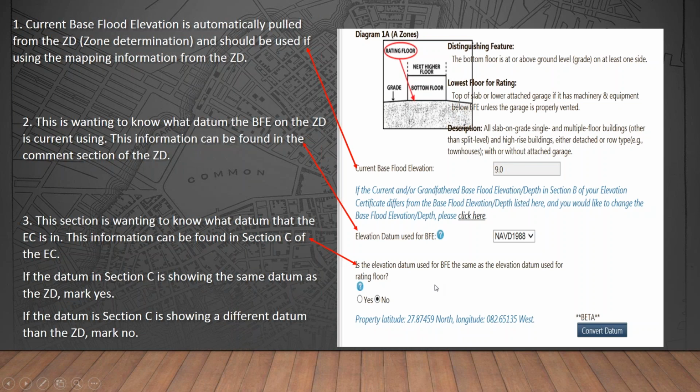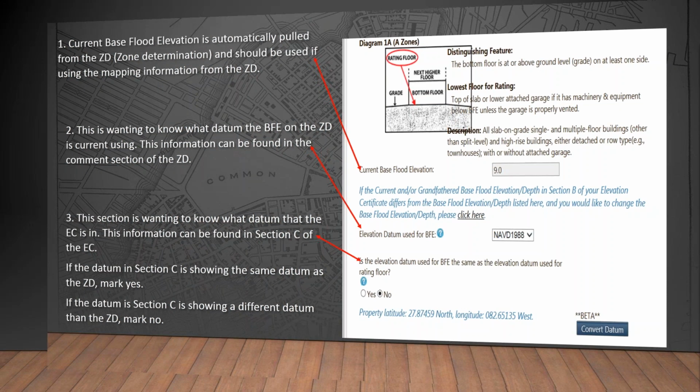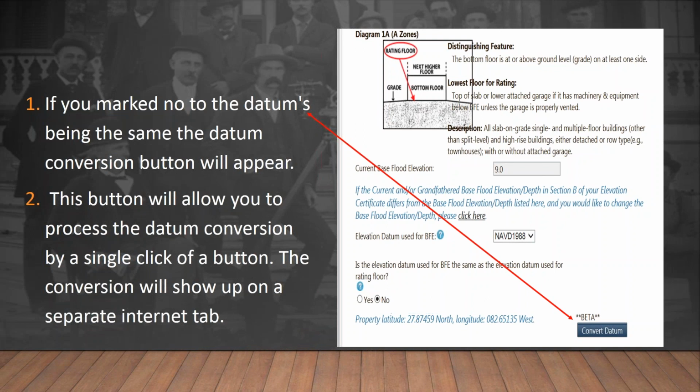However, the best thing, I think it's better than sliced bread, is that you can now click on convert datum as soon as this goes live. And when you hit the convert datum button, it'll automatically do the conversion for you.